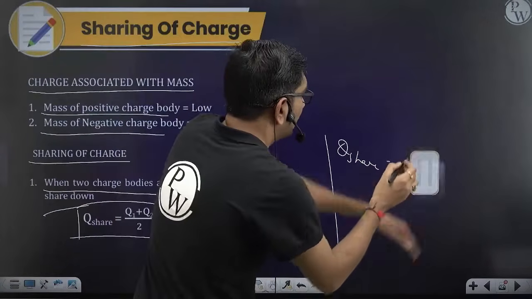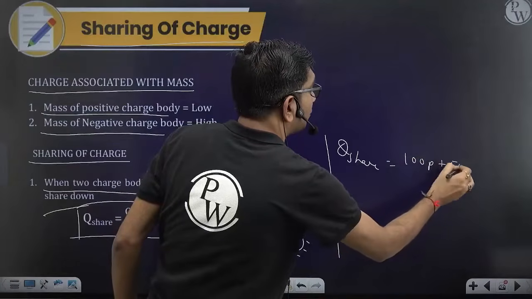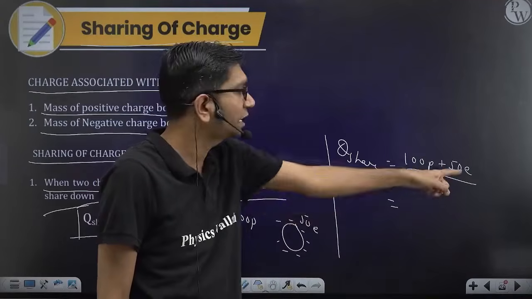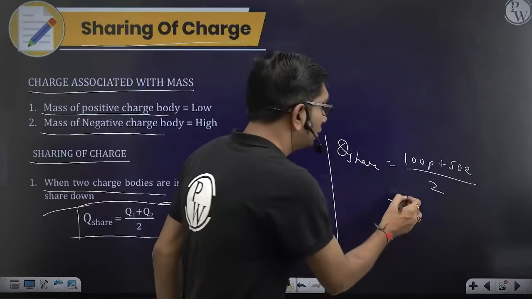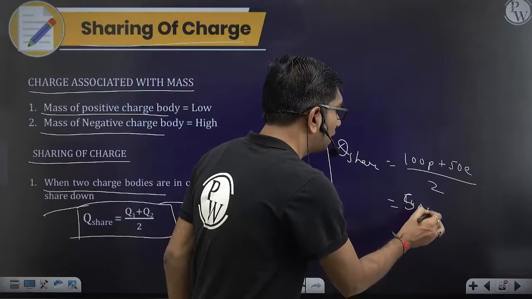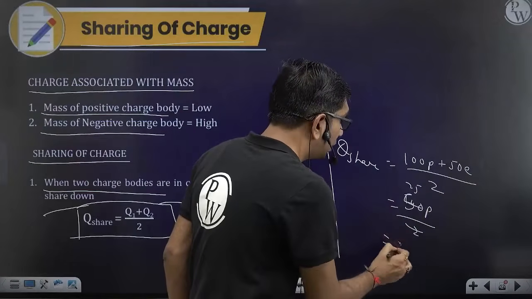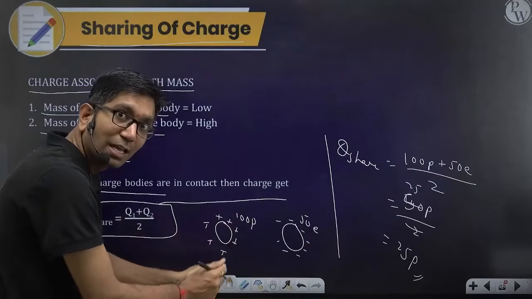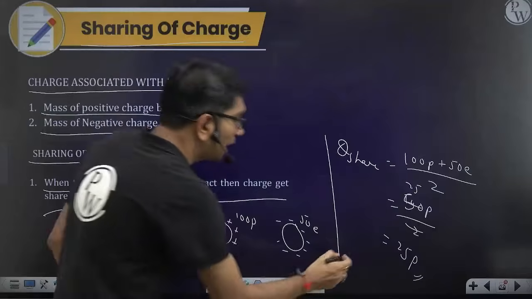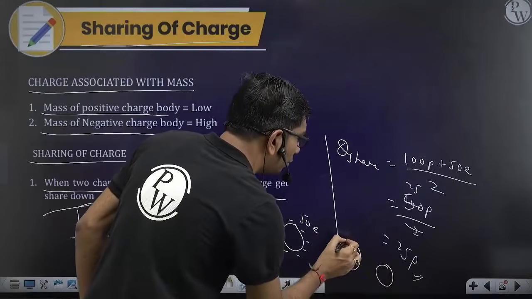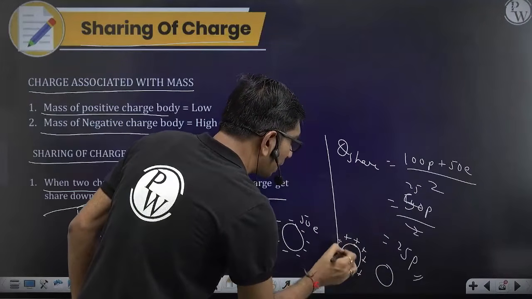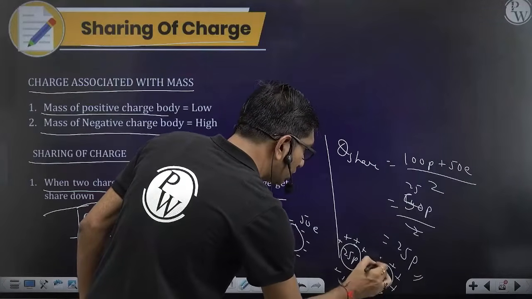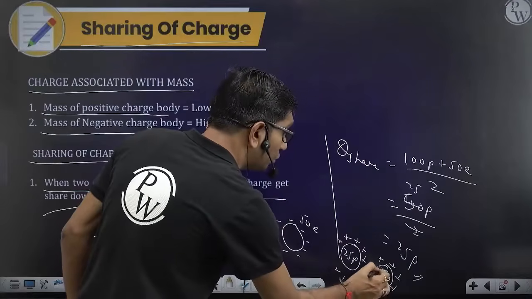So 100 protons plus 50 electrons divided by 2. 50 protons get neutralized, so 50 protons are left. Finally it becomes 25 protons. When these two bodies are in contact and separated, the final charge on both bodies is 25 protons. Both become positively charged.